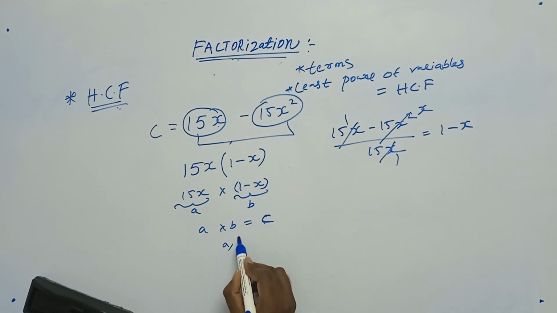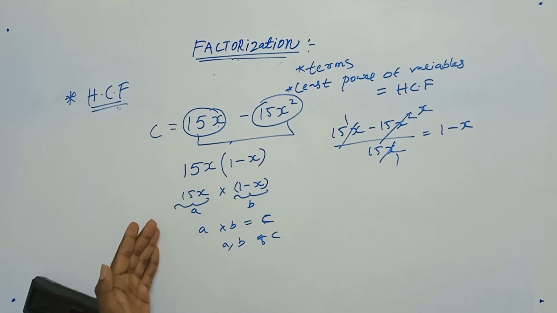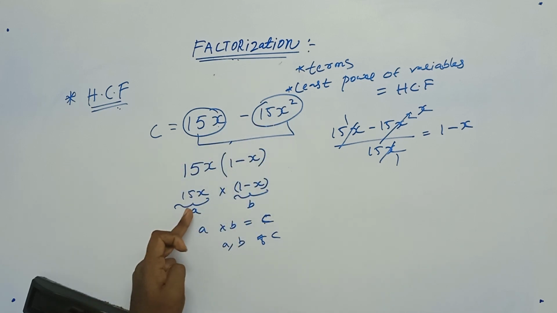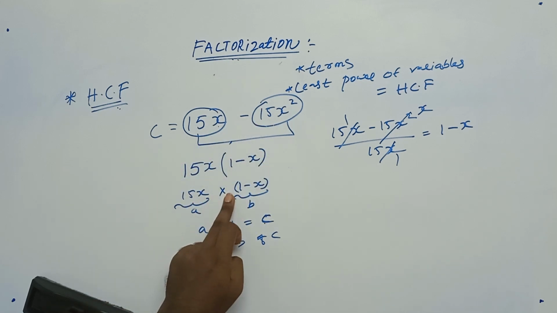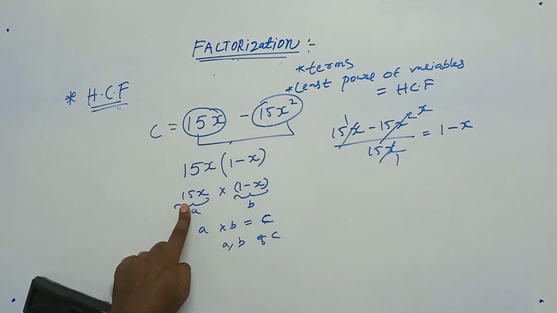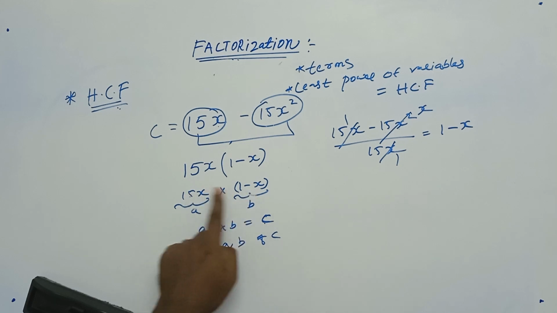A is a factor and B is a factor. So likewise you have to factorize. The factors of 15x minus 15x square are 15x and 1 minus x. That means 15x minus 15x square can be divided by 15x or by 1 minus x, but the product is equal to 15x minus 15x square.